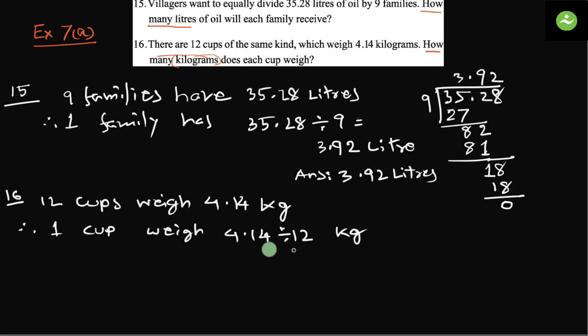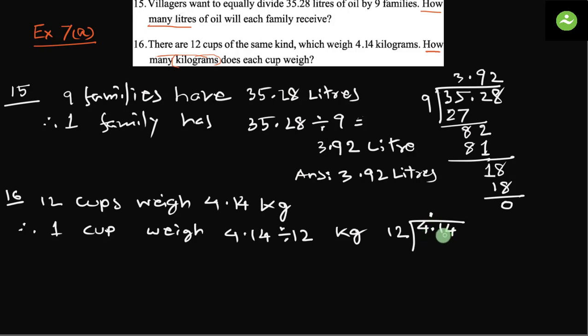Now we have to divide vertically so that we do not make any mistake in calculation. Okay, divide 4.14 by 12. Take one digit, two digits, but before you take the second digit you must put a decimal point here. Always when you consider the next digit next to the decimal point, always put a decimal point in the quotient.